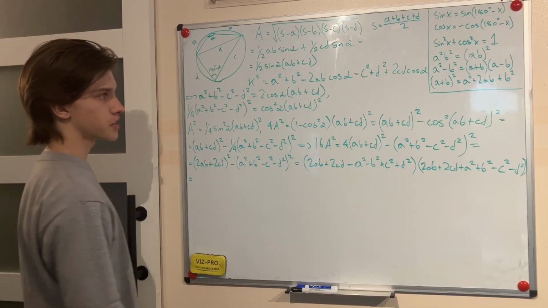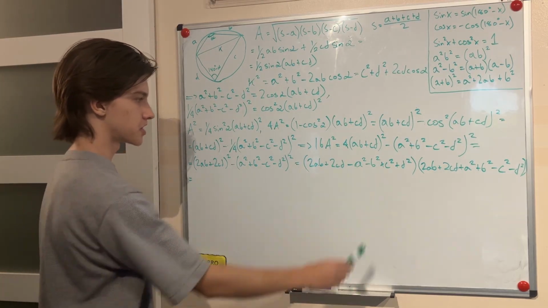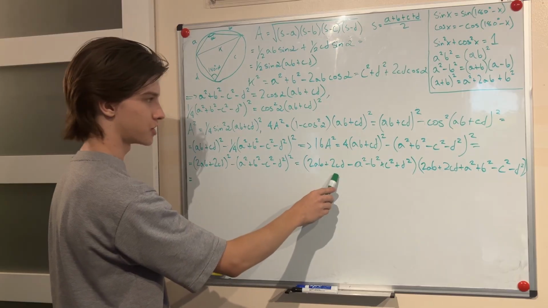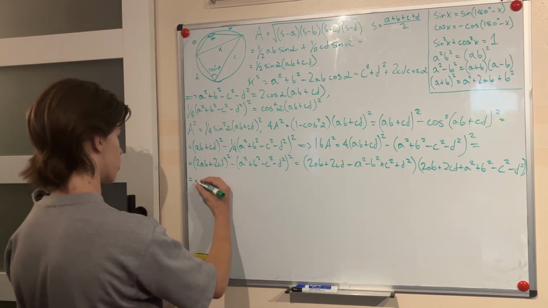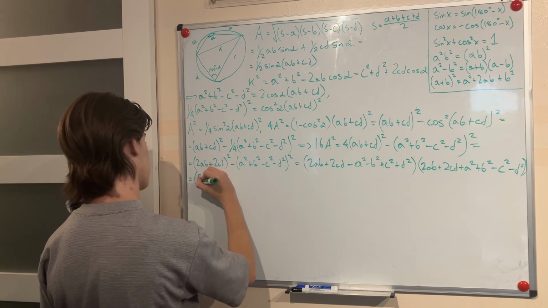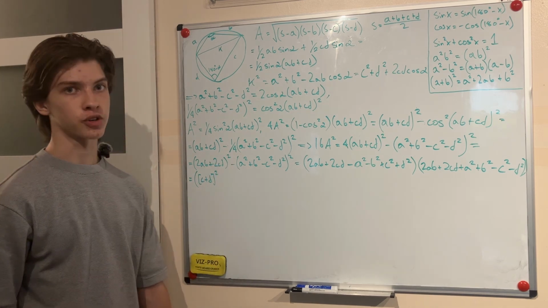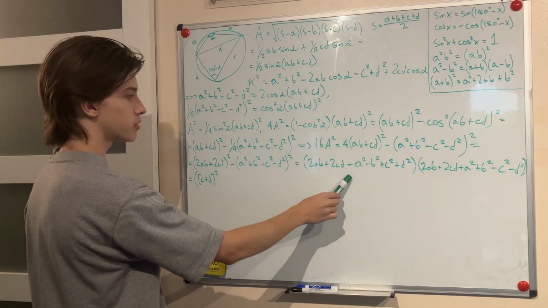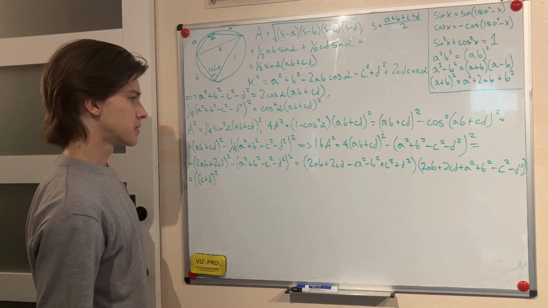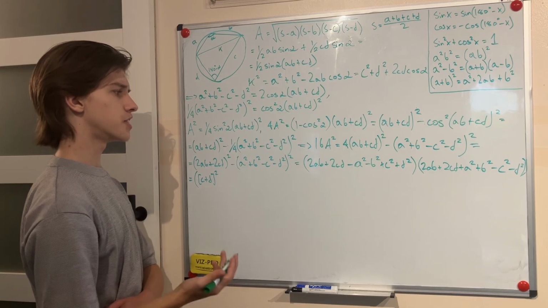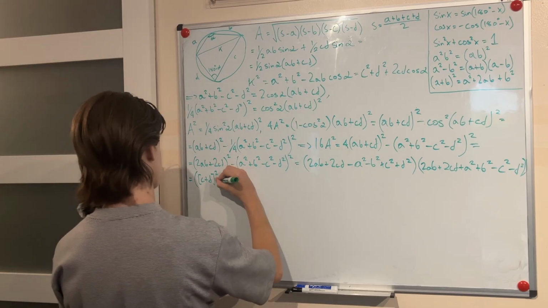And now we can notice something really cool. Look at this. Do you notice anything about perfect squares in here? Notice how c squared plus d squared plus 2cd is literally just (c plus d) squared. So we can write that already. And the same exact follows for all of them. We get a squared minus b squared plus 2ab. That is not exactly a perfect square, but it is just the negative of (a minus b) squared, right?